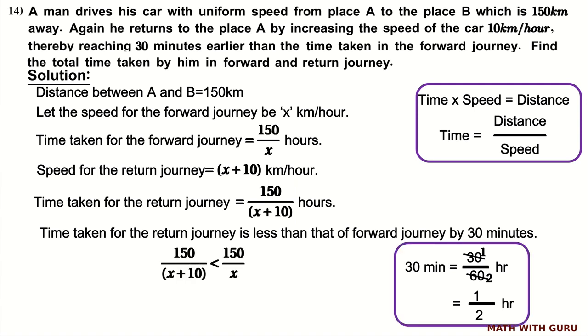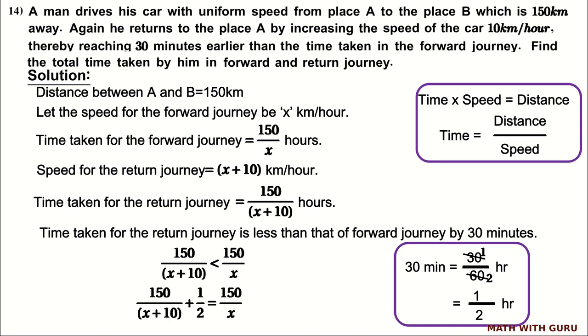Now, 150 divided by x plus 10, time taken for the return journey, is less than 150 divided by x, time taken for the forward journey. The difference is half an hour. Now, to write the equation, you can add half to the smaller quantity, or you can subtract half from the greater quantity.